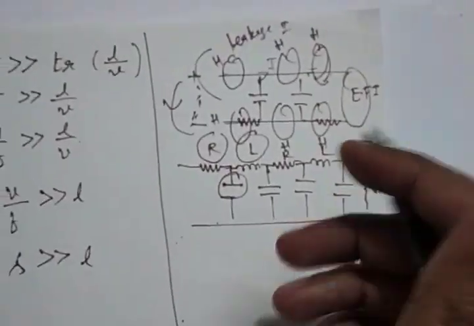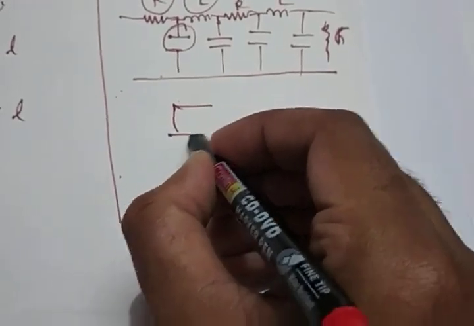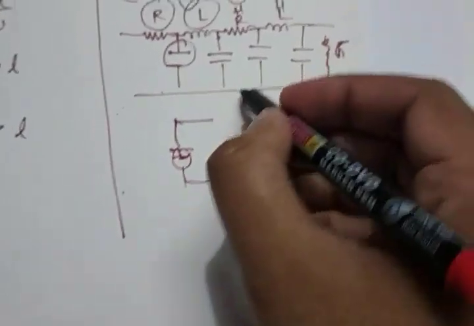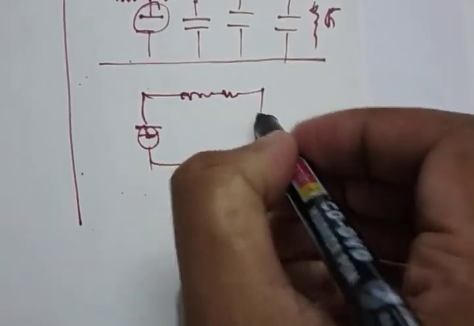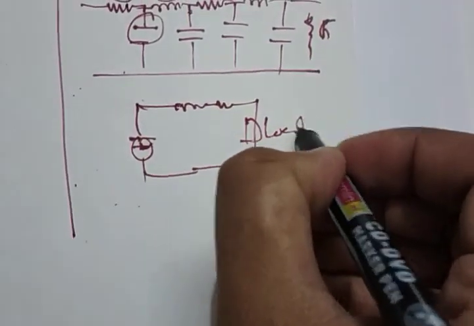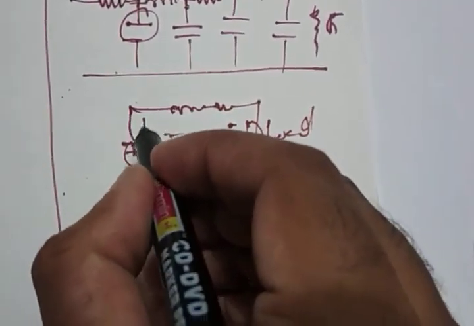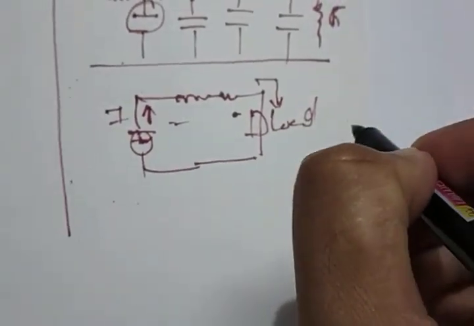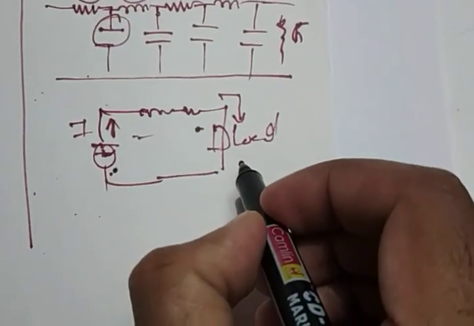Suppose we compare this circuit with a normal routine circuit, say a supply voltage and a small circuitry with some component, say a normal RLC, connected to a load. The distance is small, so whatever current is available here, the same current will go to the load, and if we short the input, the output will immediately be shorted too.